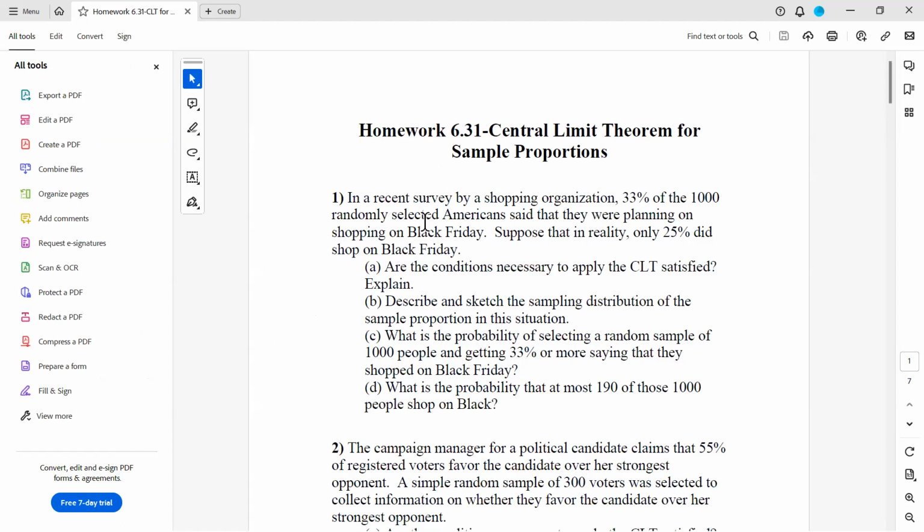That's why I did this problem specifically, because there are two, and I thought it might confuse you. It says, in a recent survey by a shopping organization, 33% of the 1,000 randomly selected Americans said they were planning shopping on Black Friday.